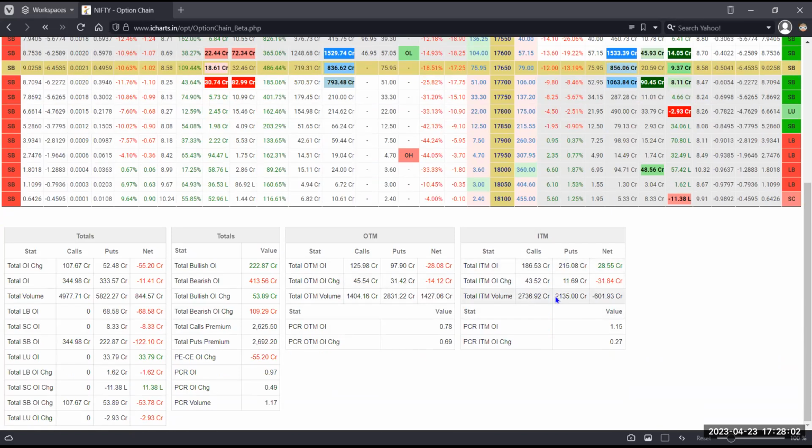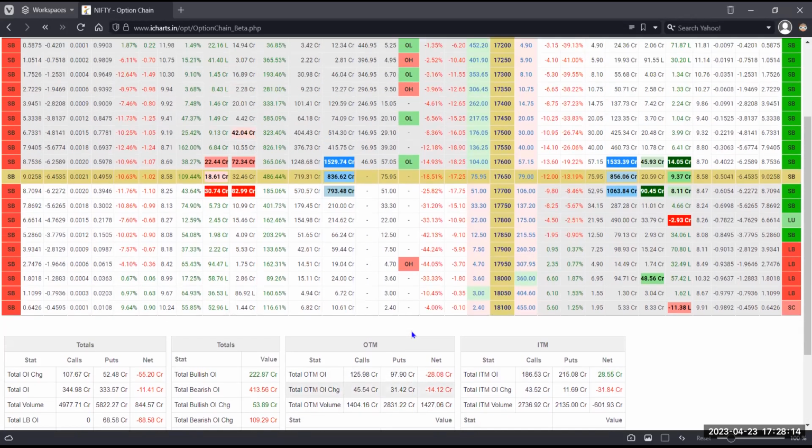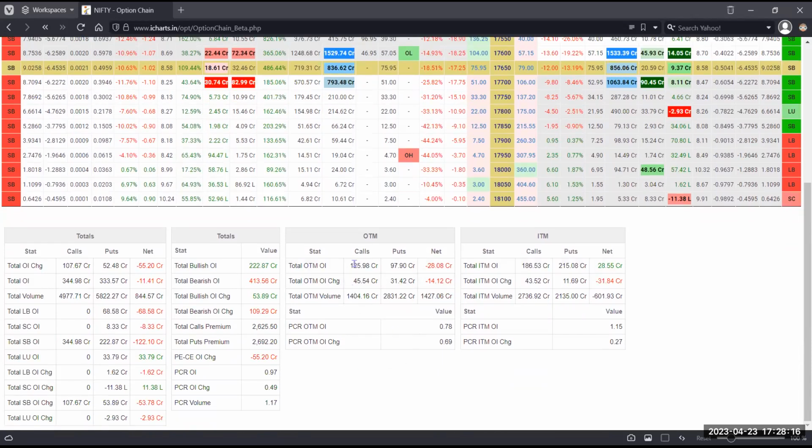So the positional and risk defined trades that are getting carried over are going to be mostly this open interest. And the focus of this is going to be intraday and probably those who are doing heavy selling strategies. Whatever selling strategies are being done, their focus is going to be OTM. So you can think in terms of this OI and OI change in that way.